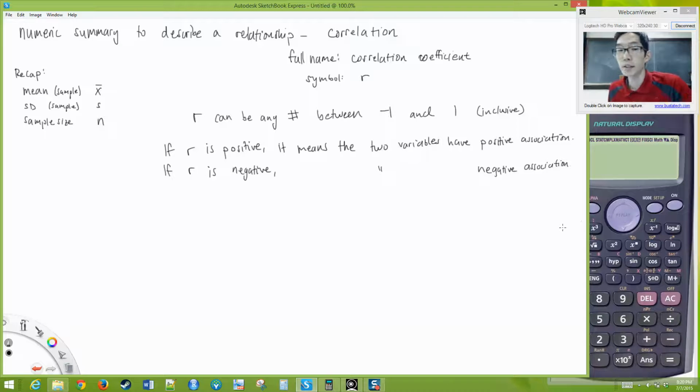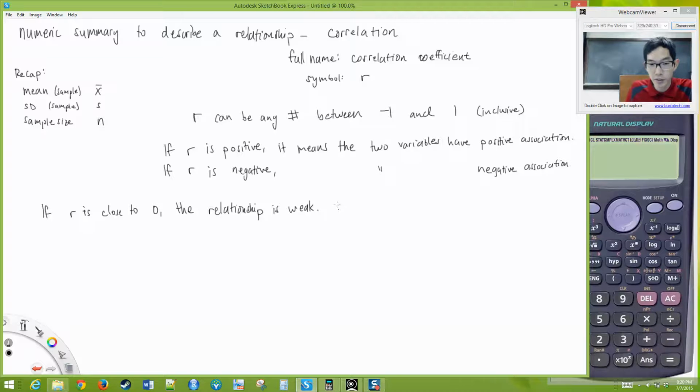And we're going to continue on here. If R is close to 0, the relationship is weak.